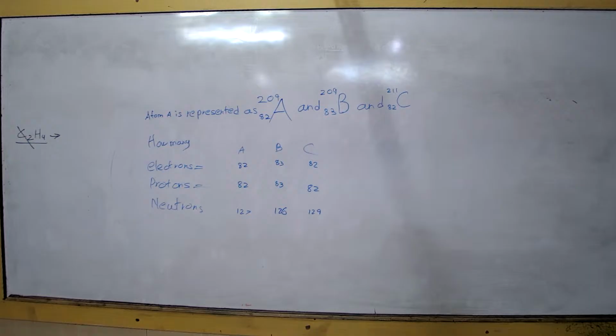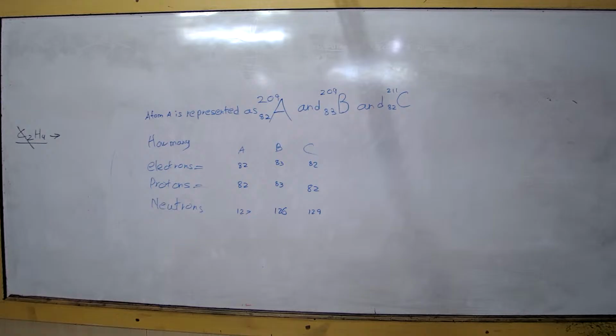Define isotopes. Which is part C? Name the term which can be used for A and C, which we said is isotopes.